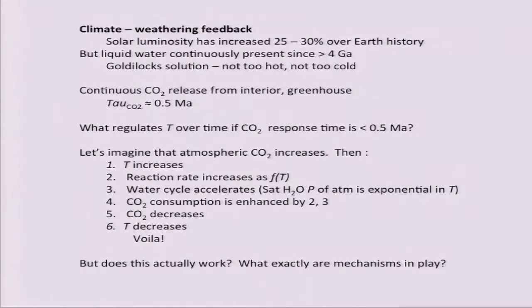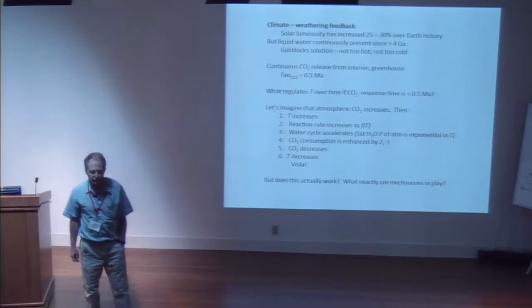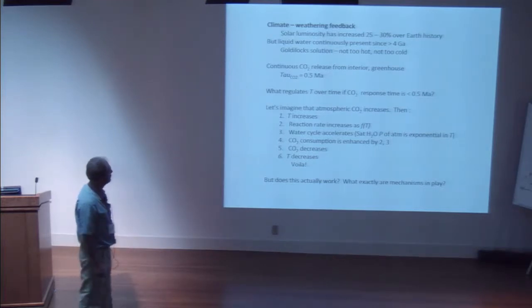So here's the basic idea, and this goes way back to the 19th century, and then was put in a substantially more quantitative form in the 1980s by people like Jim Walker and Bernard Lasaga and Garrels, and it's something that has a lot of intellectual appeal, and there's a lot of reasons why we think it should be true, but we're still not completely sure exactly how this works. But for example, solar luminosity has increased about 25 or 30% over Earth history through the normal stellar evolution.